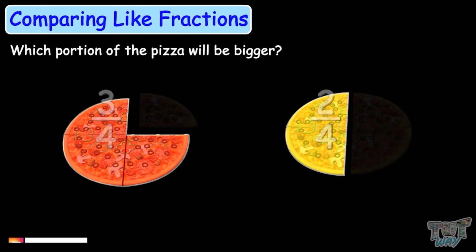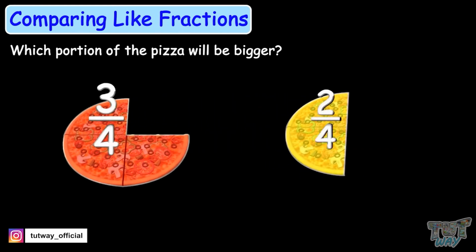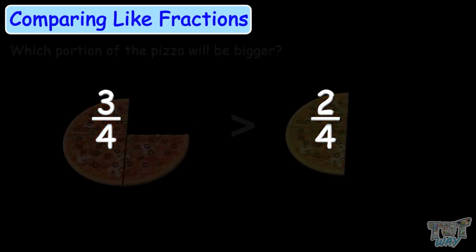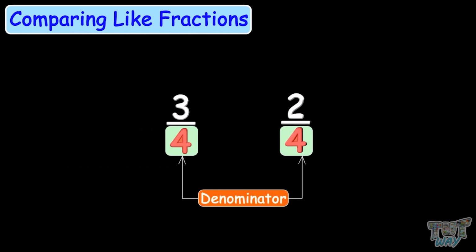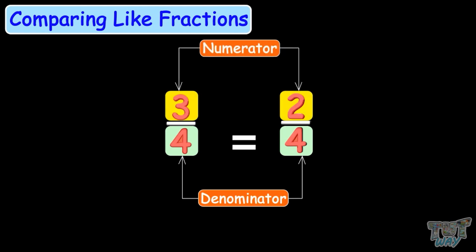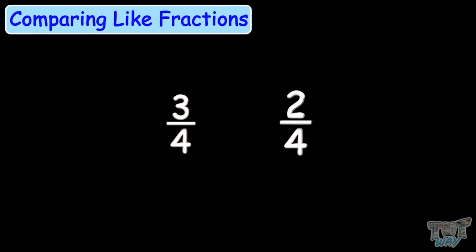You can visually compare that 3/4 pizza is bigger than 2 by 4 pizza. From this example, you also learn that if the denominators are the same, you just need to compare the numerators for comparison. This is why 2 by 4 is smaller than 3 by 4.